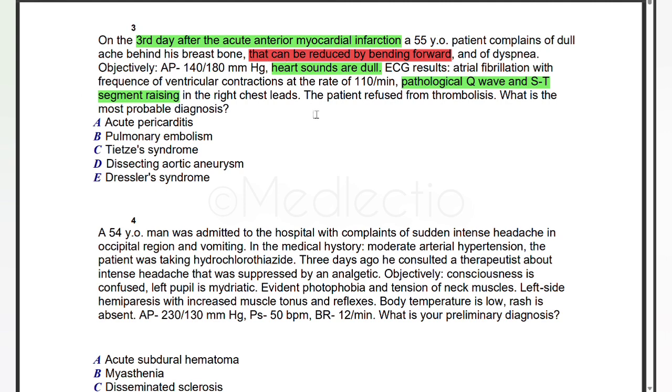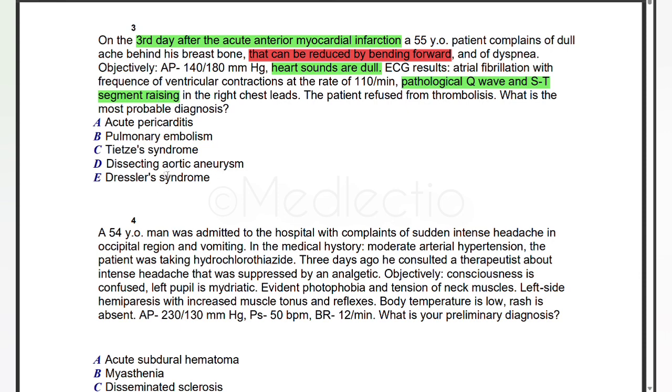So these are the important signs we're getting from this question. So what will you suspect in this? Here the options are acute pericarditis, pulmonary embolism, Tietze syndrome, dissecting aortic aneurysm, and Dressler.